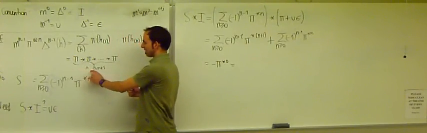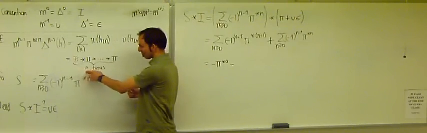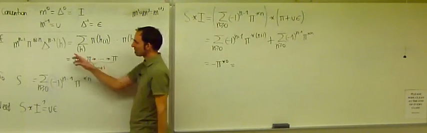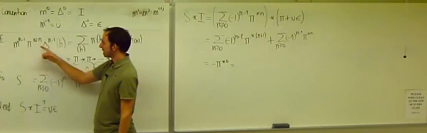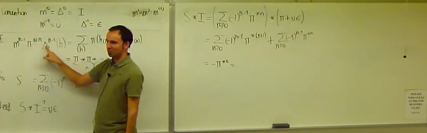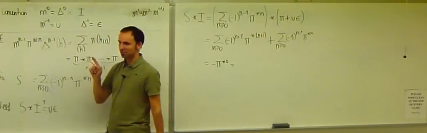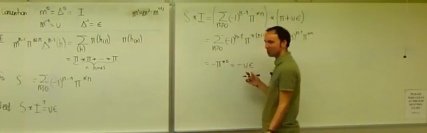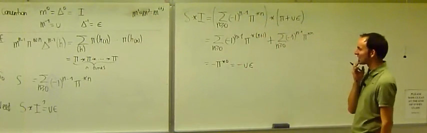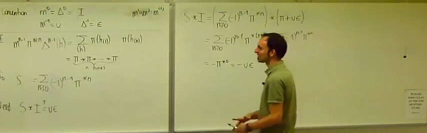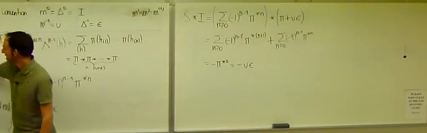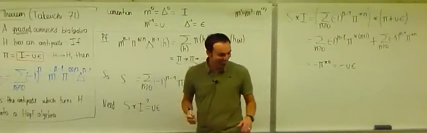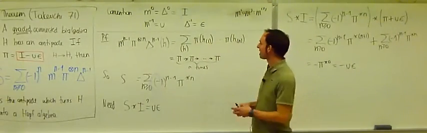So I see what you're saying. If I wanted to say what pi star of 0 is, I should use the definition of how I define this to be. And pi star of 0 should be basically m_{-1} delta_{-1}, which is u epsilon. So the u and the epsilon are okay, and I don't know where that minus sign is coming from, but it shouldn't be there. Maybe the formula is this. Yeah, that's what it is. That's okay. Good.